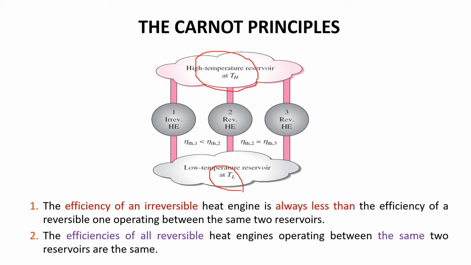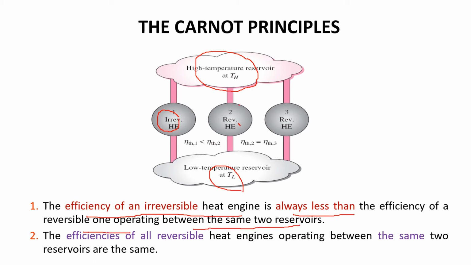So 1 to 2 is irreversible heat, and so the efficiency of an irreversible heat engine is always less than the efficiency of a reversible one operating between these two reservoirs.